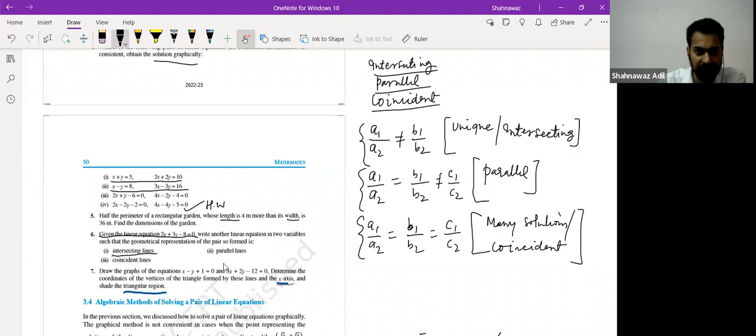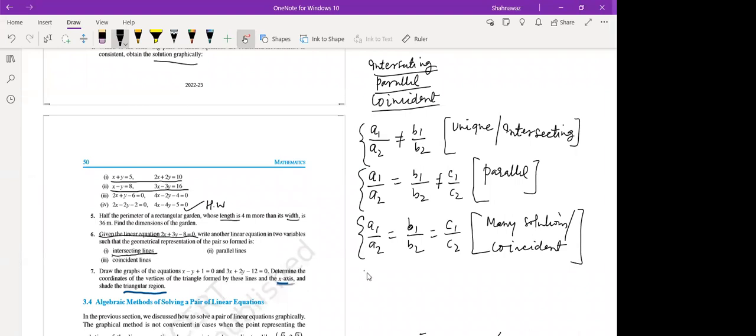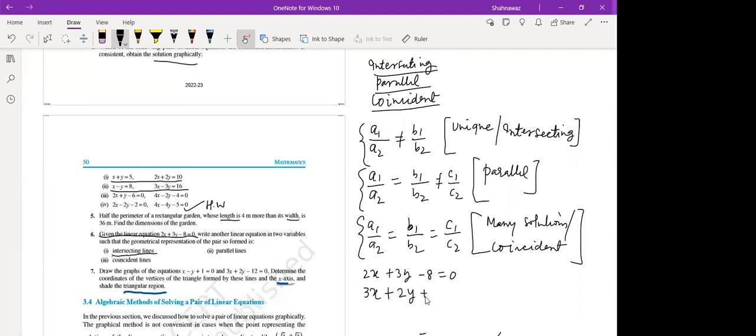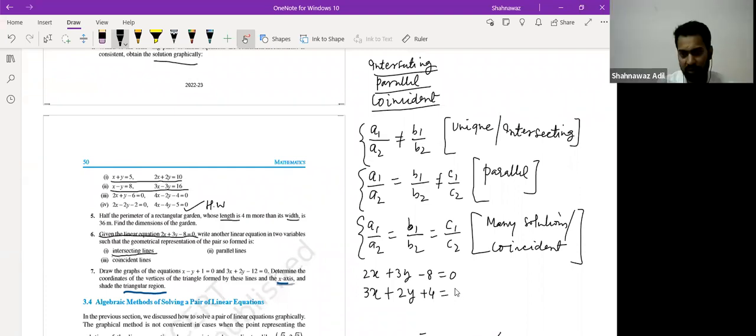So we have to write another equation. We can write 3x plus 2y plus 4 equals to 0, right?